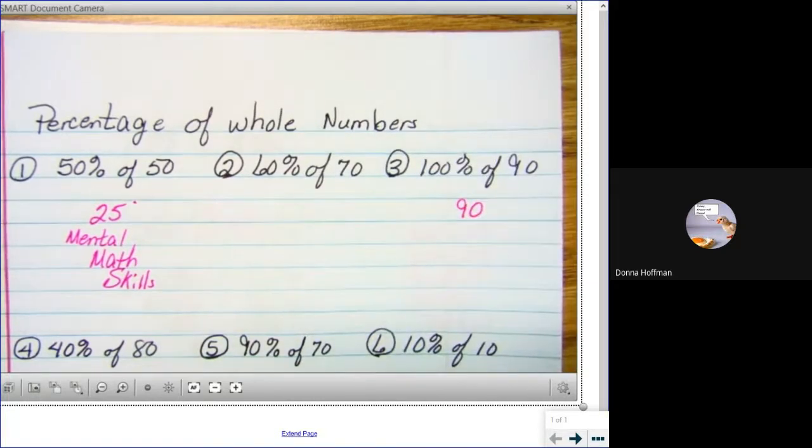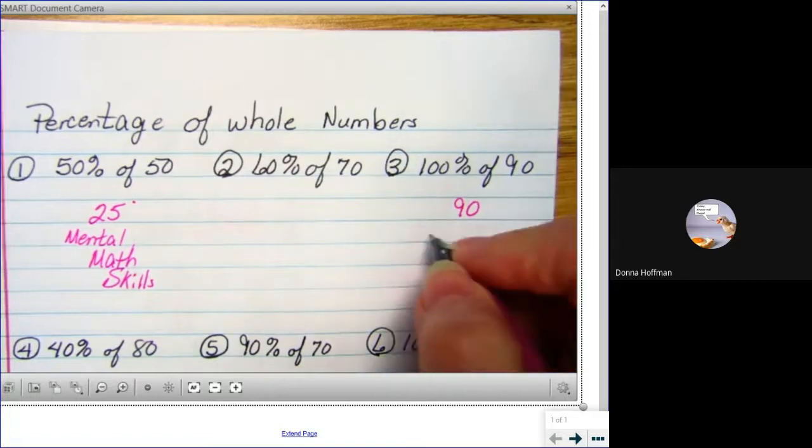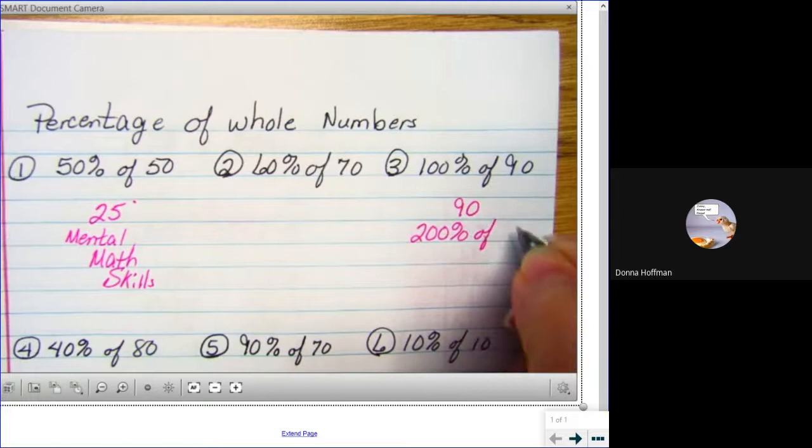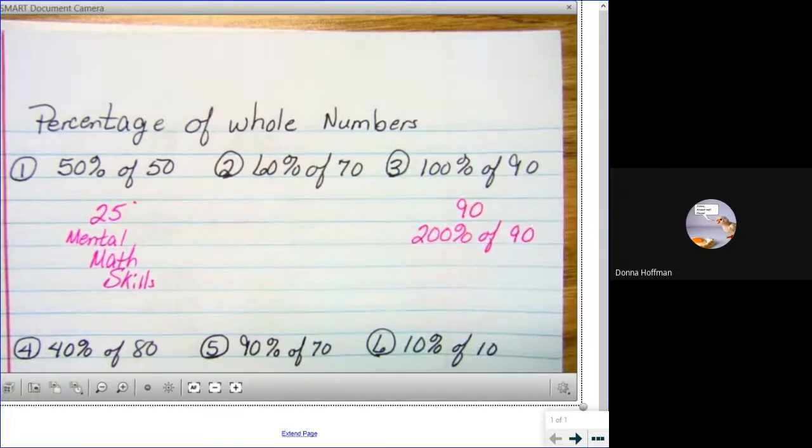But what if it's asking you for 200% of 90? How did you get that so fast, Ramon? Is it 180? It's 2 sets. Everything is based on 100. If I'm asking you for 200%, that means I'm wanting 2 complete sets.